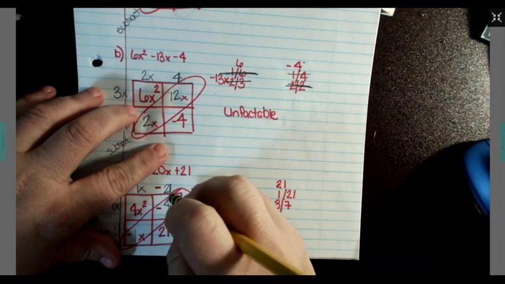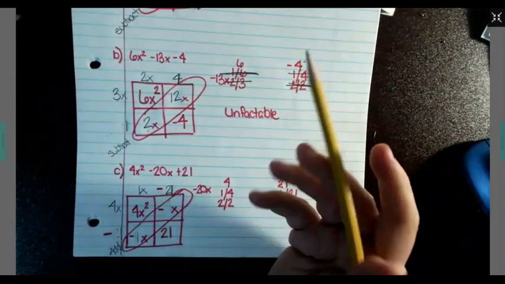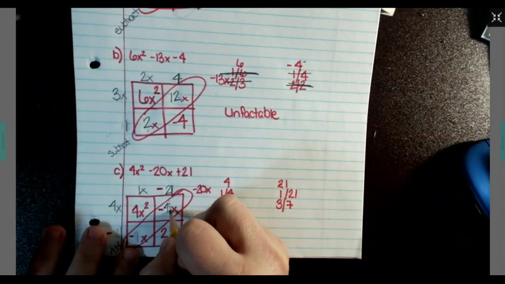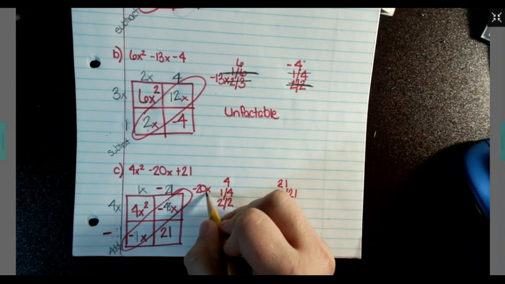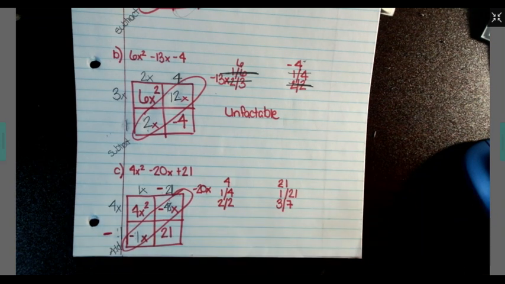And that makes this 84. When I add those, again, I am not getting 20. Okay. So I know that the 1-4 and the 1-21 cannot be a combination together. Not saying that 1-21 doesn't work. Not saying that 1-4 doesn't work. I just know that they cannot be combined together.